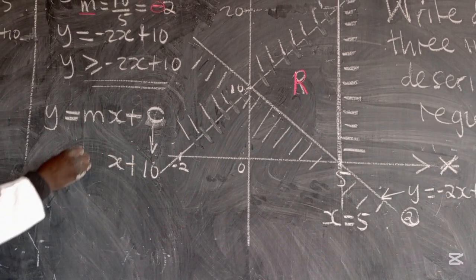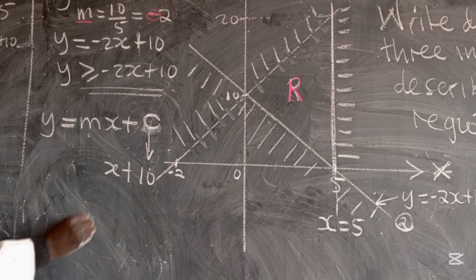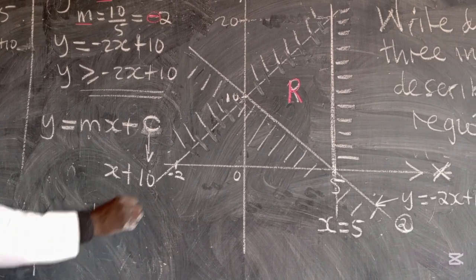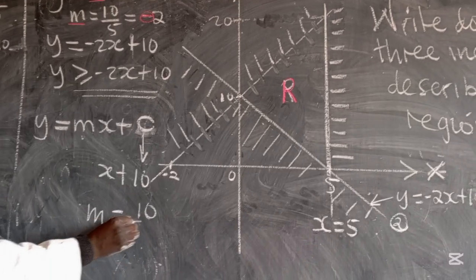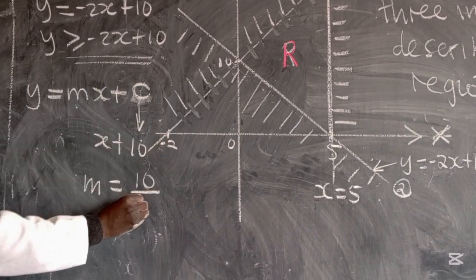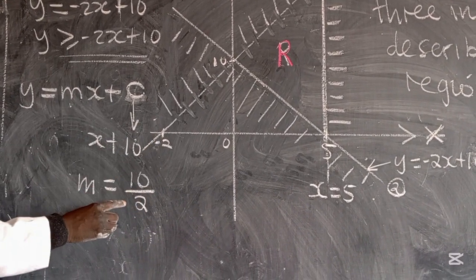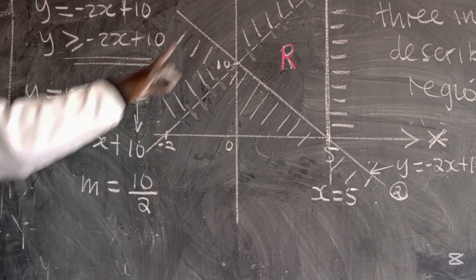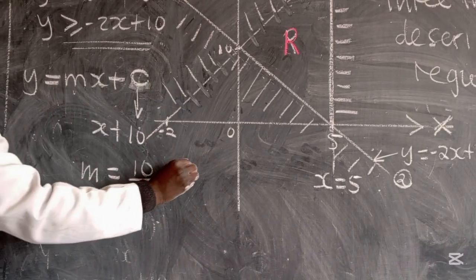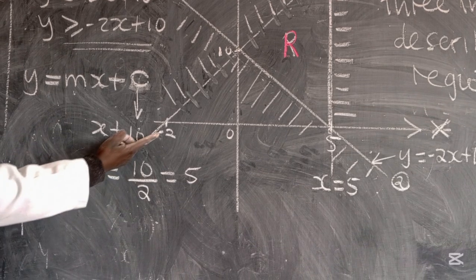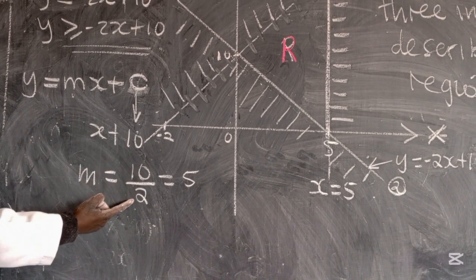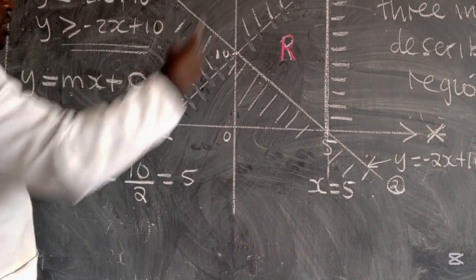My x remains the same. But how do I get my m? This is where I'm saying you look at where it cuts. It cuts at where? It cuts at 10 on the y. Divide by what? Divide by 2. So I'll put a 2. Remember, because this side is on the positive side, the gradient is equal to 5. Why? Because even if I can't say this is divided by negative 2, I'll say positive 2 because this is positive.